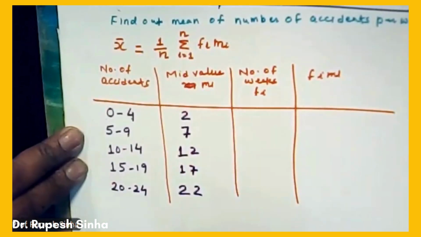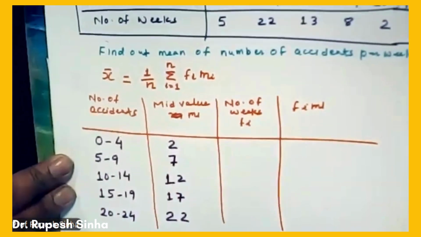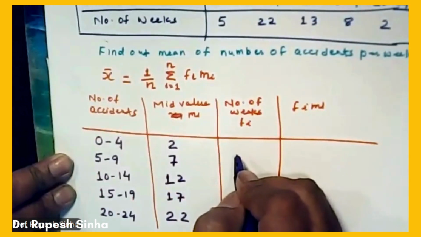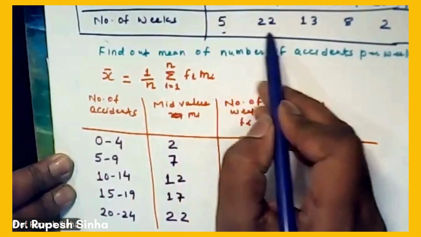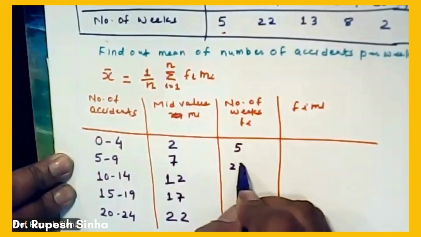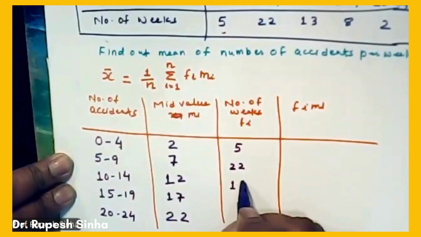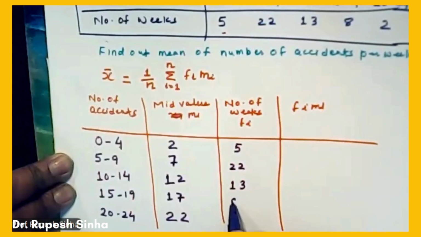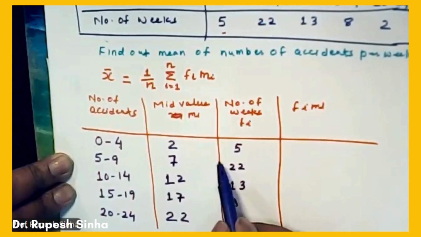Now, frequency was given to us respectively. You can see here 5, 22, 13, 8 and 2. So we have to multiply both of them now.